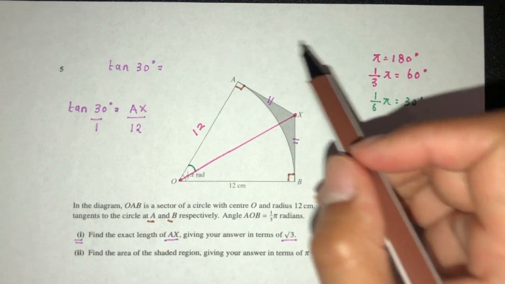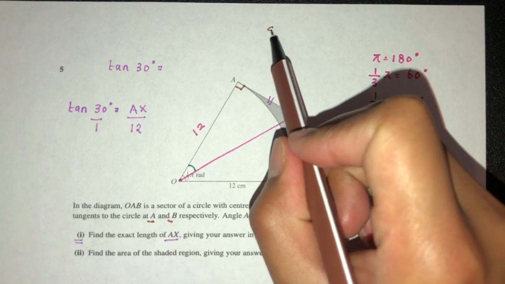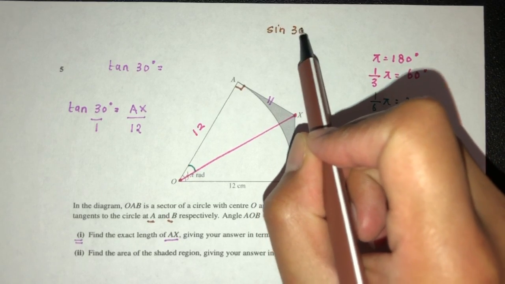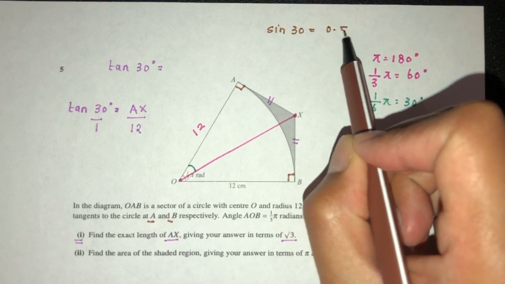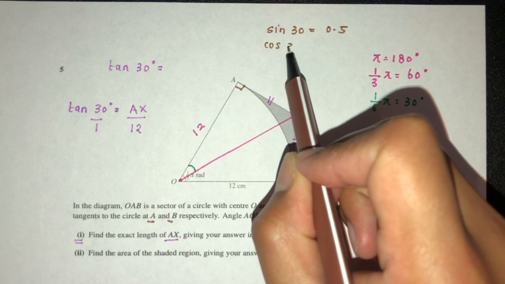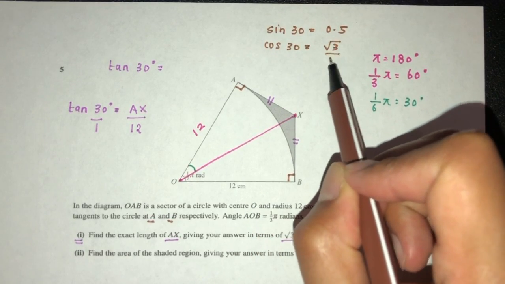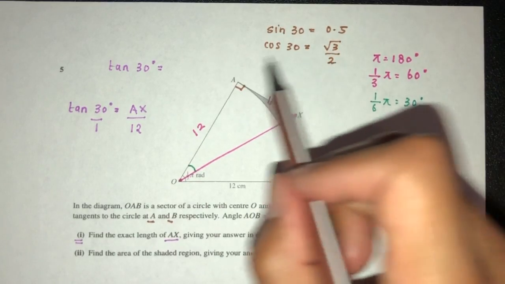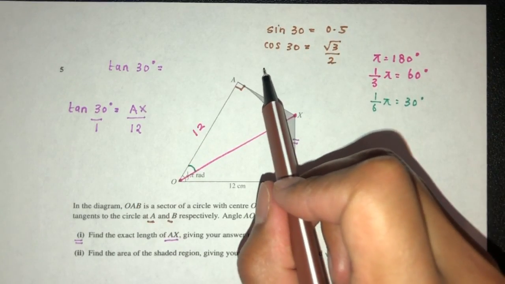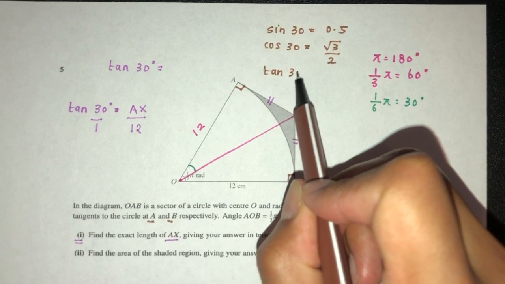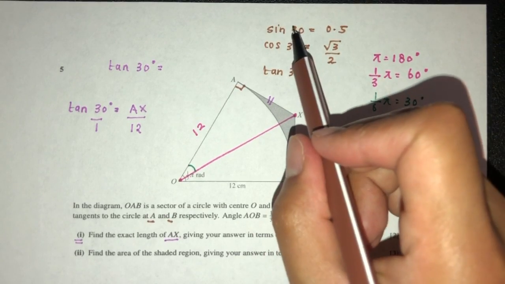So for example, usually I do know that sine of 30 is 0.5. I do know cos of 30 is equal to √3/2. Now, if I want to find the value of tan of 30, I will just do sine divided by cos.